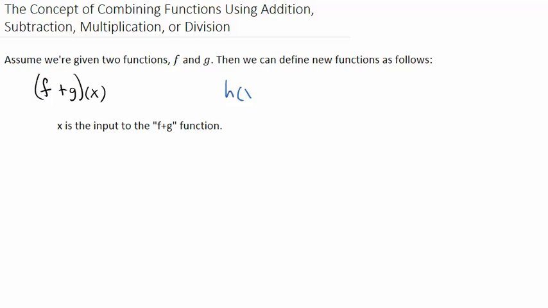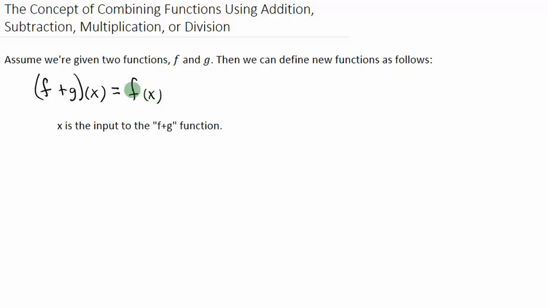Okay? So how can I describe what the output of this function looks like? Well, the output of the f plus g of x function looks like this. What you do is you take the input x, whatever it may be, that's input to the original function, and you input it to the f function. So you have f of x.